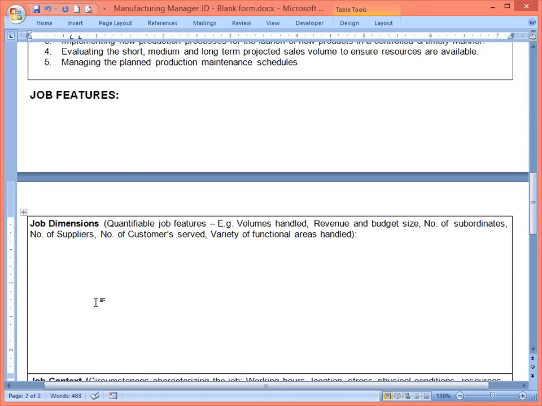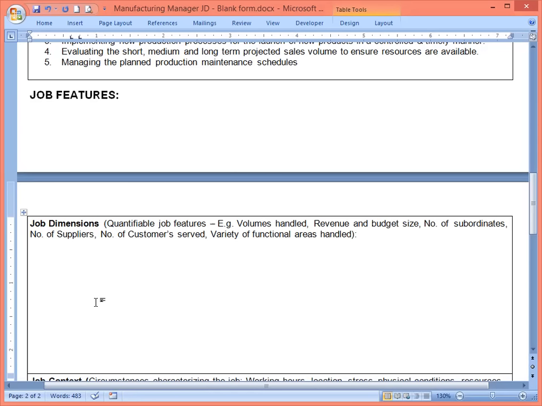Okay, this is equally important, with AOR, qualification and experience, and competencies, because the job dimension is about the accountability of the manager, because you're talking about volumes, revenue, and budget size.